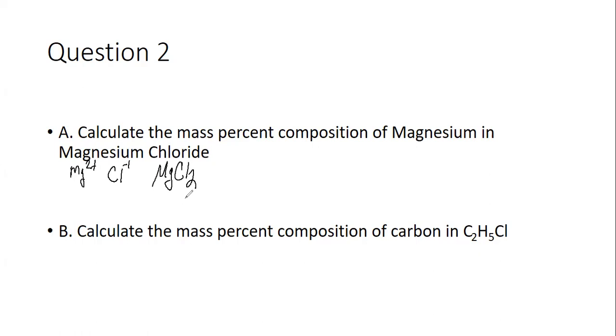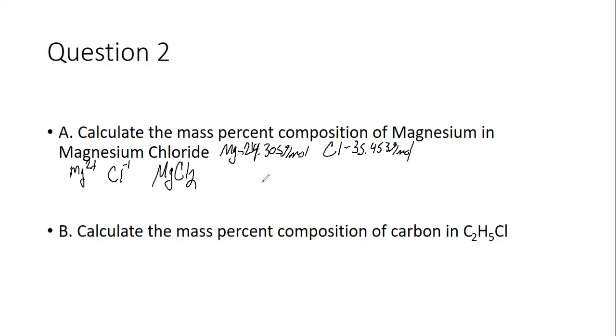So the mass percent of magnesium. So magnesium, looking at my periodic table, has a weight of 24.305 grams per mole. So that is a 4, not a 9. Chlorine, looking at the periodic table, has a weight of 35.453 grams per mole.